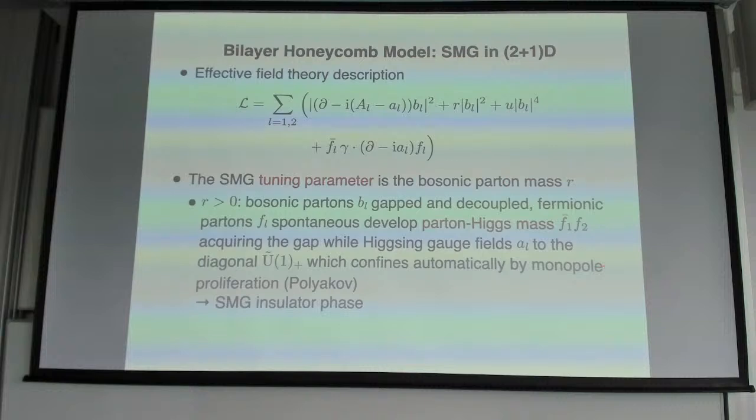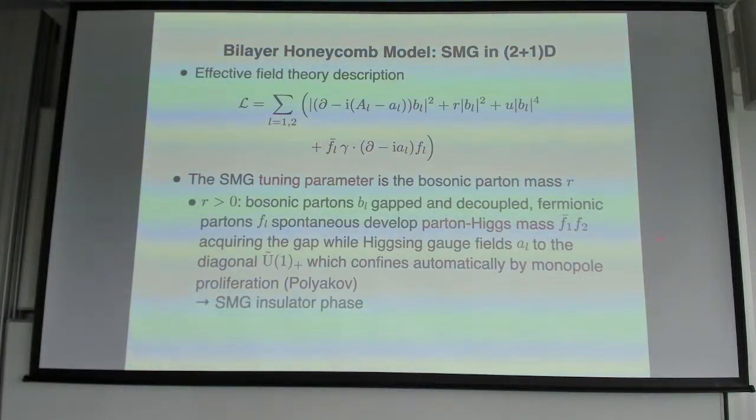If you have that mass term dynamically generated under the gauge interaction, then it has two consequences. The first consequence is that it fully gaps out all the fermions from the low energy. Secondly, it also Higgses the gauge field. Remember, there are two independent gauge fields for the first layer and second layer.